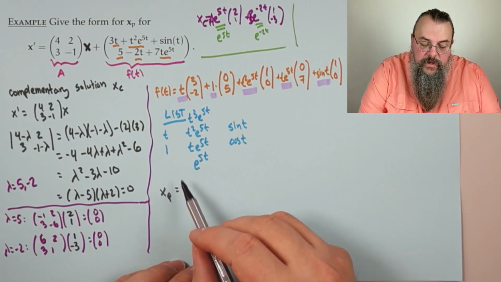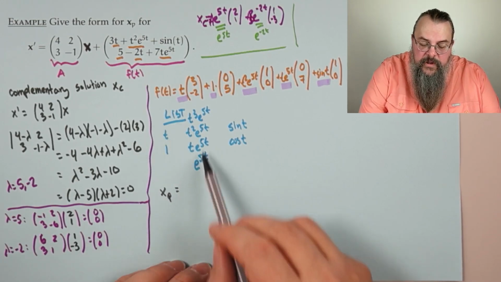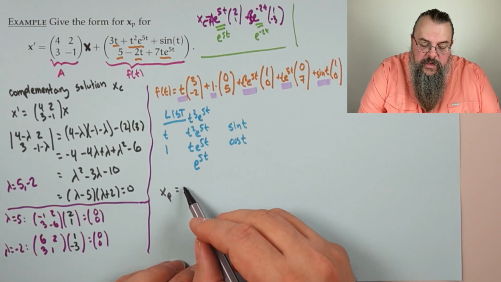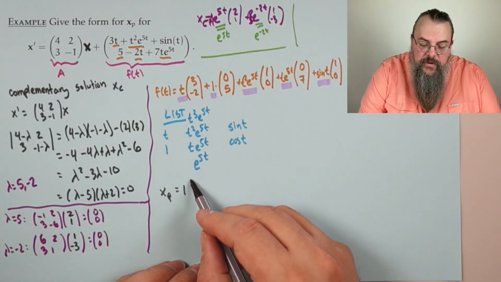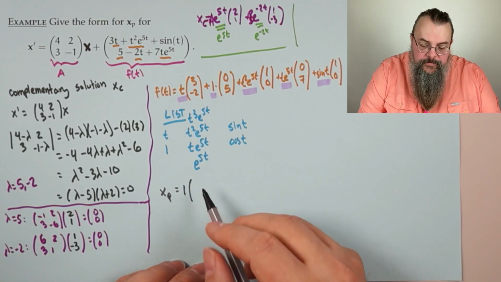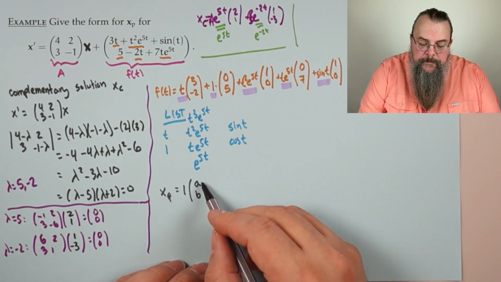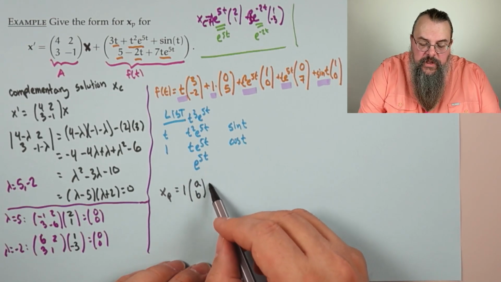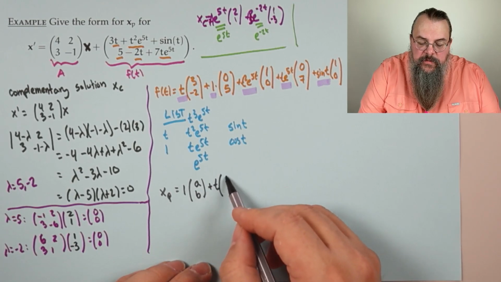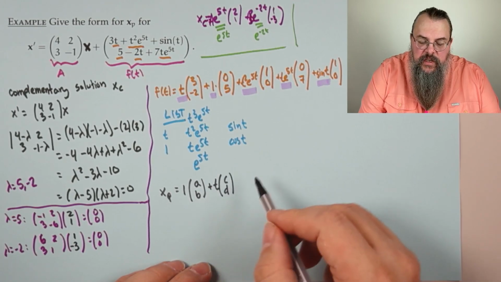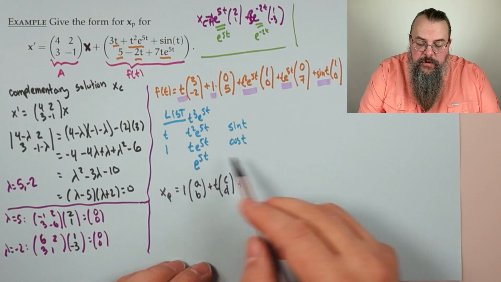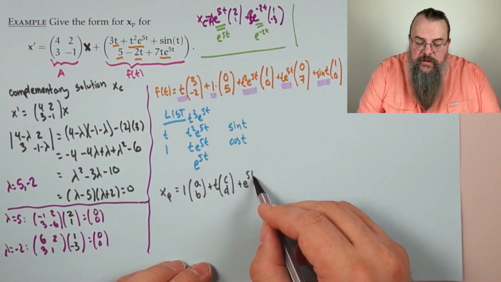And what you do is, I'll go up the list here. You take the function times some unknown vector. So, okay, I'll use a and b. Then you go to your next function, t, some unknown vector, c, d. All right, now keep moving. E to the 5t.